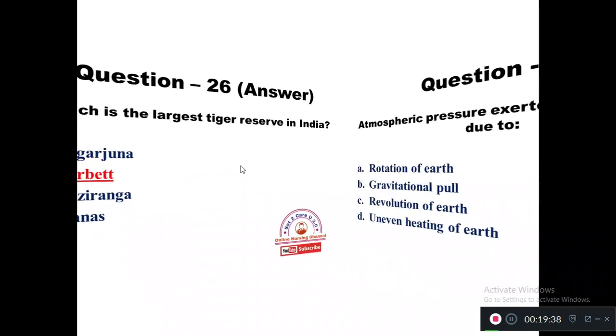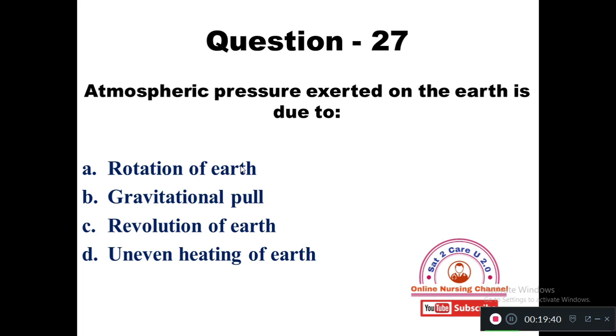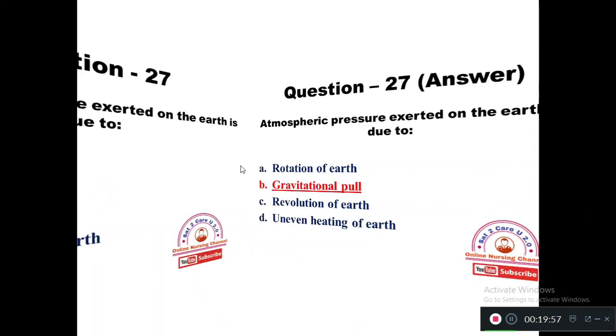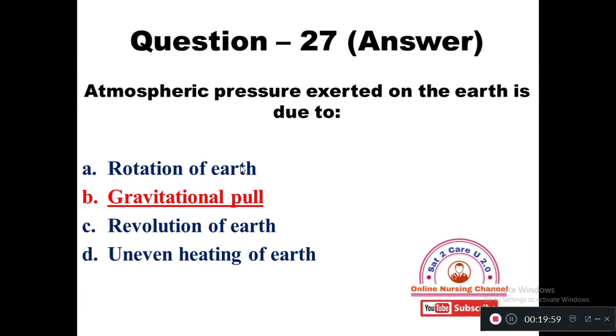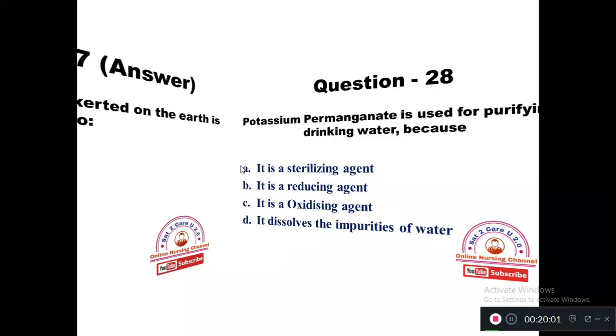Question number 27. Atmospheric pressure exerted on the earth is due to A. Rotation of earth, B. Gravitational pull, C. Revolution of earth, and D. Uneven heating of earth. So the atmospheric pressure on the earth is due to the gravitational force present in the earth. Question number 28.